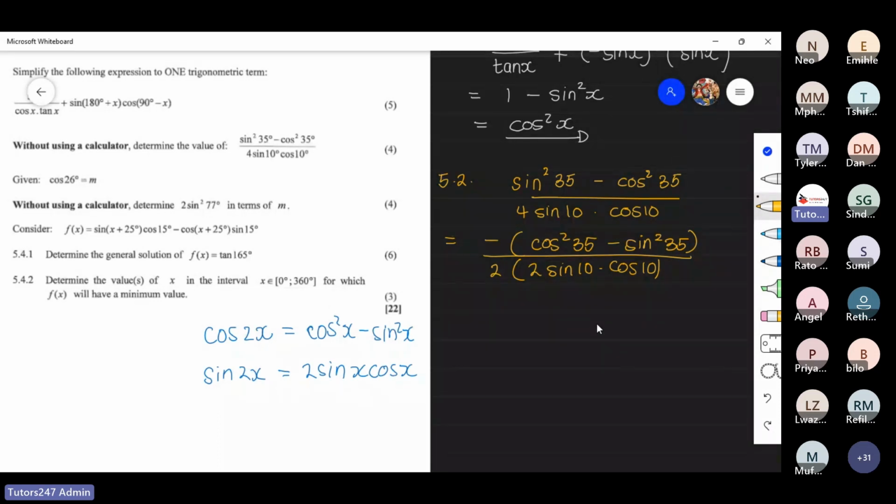So let's move on with our question. We've previously mentioned that within the bracket of our numerator, we are going to substitute cos 2 of our angle, which is 35. And in place of our denominator's bracket, we are going to substitute sine 2 of our angle, which is 10.